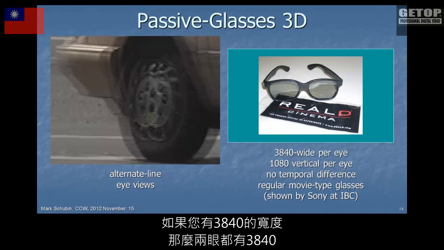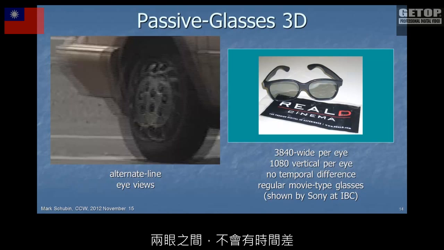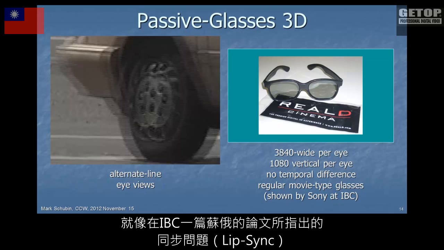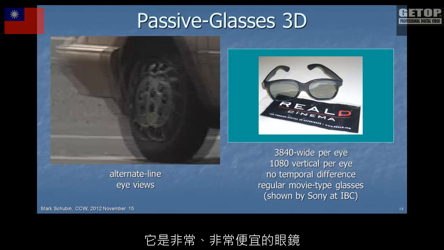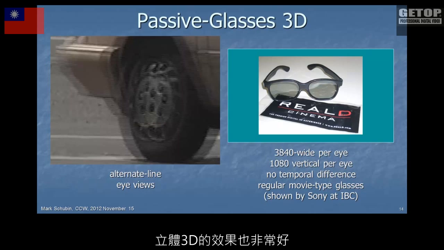If you have 3840 across, then both eyes get 3840, and if it's a 4K system, you get 1080 vertical per eye. There's no temporal difference between the eyes, so you don't have lip sync problems, as were shown at IBC by a Russian paper. And again, very, very cheap glasses. Sony showed this at IBC. It was very, very simple, very good-looking 3D.